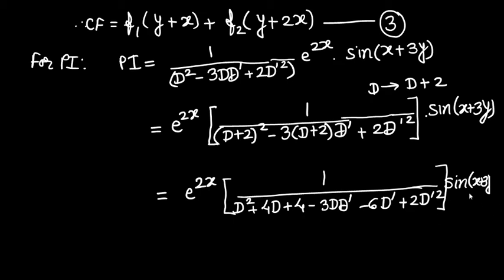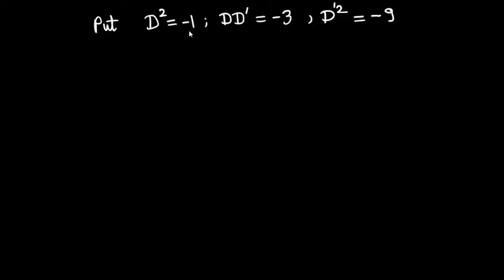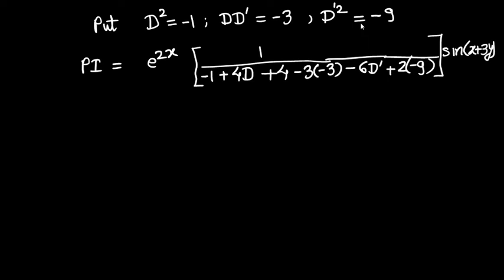Now on the right hand side, this value is sine of x plus 3y, therefore we apply now case 2. For this, our substitution is D square equal to minus 1, DD dash equal to minus 3, and D dash square equal to minus 9. Then we get this type of terms. Simplify the terms.